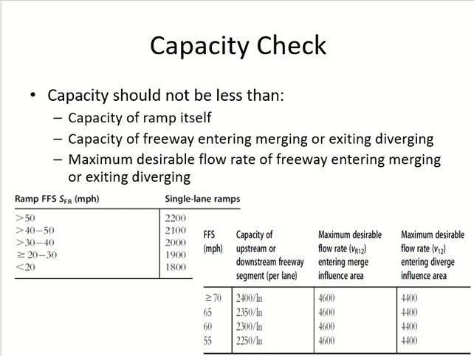Capacity of the freeway, check. Then, the capacity of the merge area. Merge area includes what? Ramp and the two inner lanes. Now, this one is not per lane, it is total.